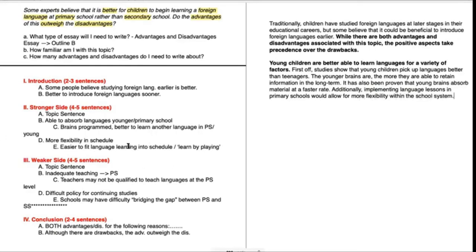And now as an example, I'm going to say younger children will be able to engage with the material more frequently through shorter sessions, thus maintaining their enthusiasm and progress. And though this is how I've talked about learning by playing, easier to fit into the schedule. I haven't necessarily used this phrase, learn by playing. It's just something that sparked my memory and something that I thought of in the outline stage.